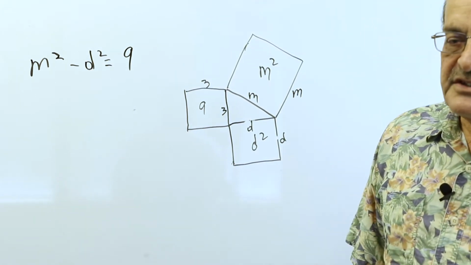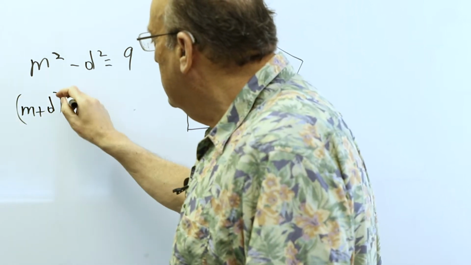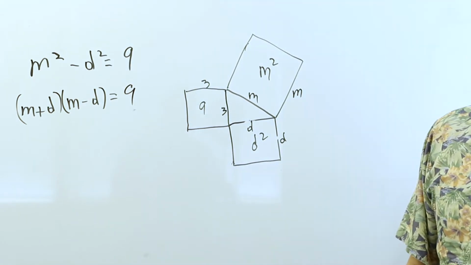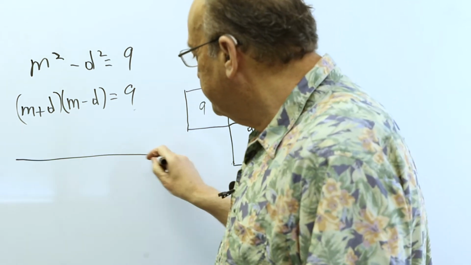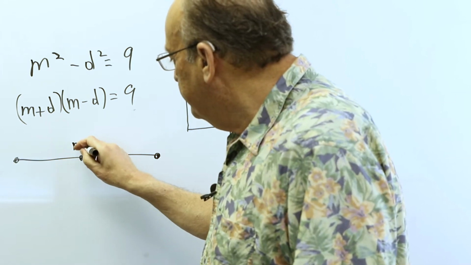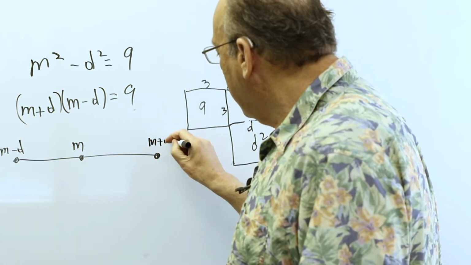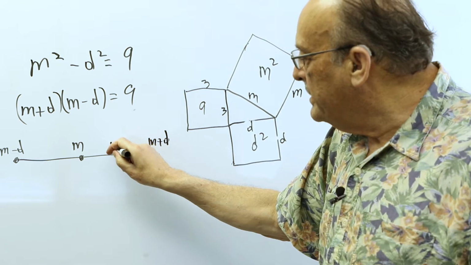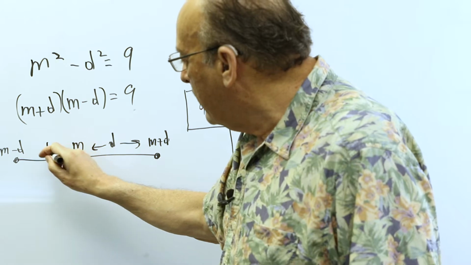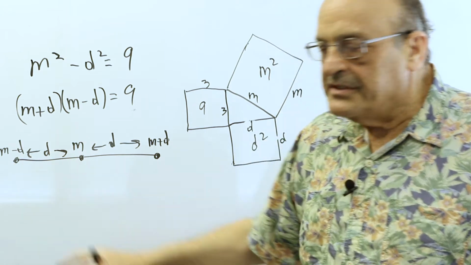And we can factor M squared minus D squared. So it's equal to M plus D times M minus D equals 9. And I can use my visual aid. So this will be M, this will be M minus D, M plus D, and this distance is D. And I want M plus D times M minus D to be equal to 9.